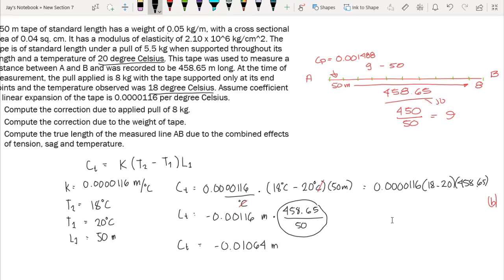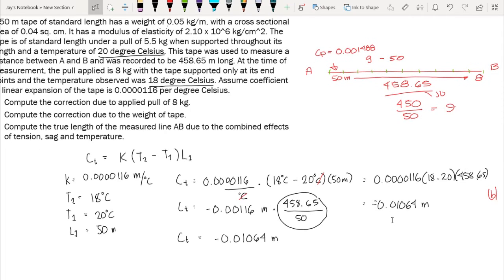The result would be the same, which is negative 0.01064 meters.